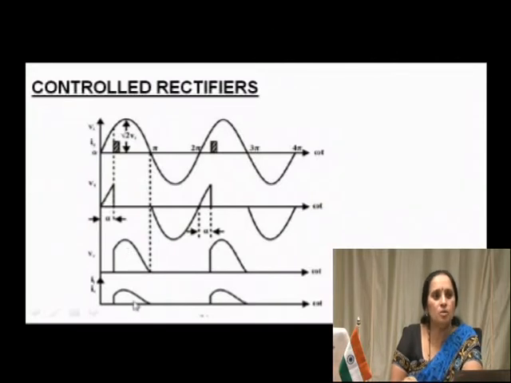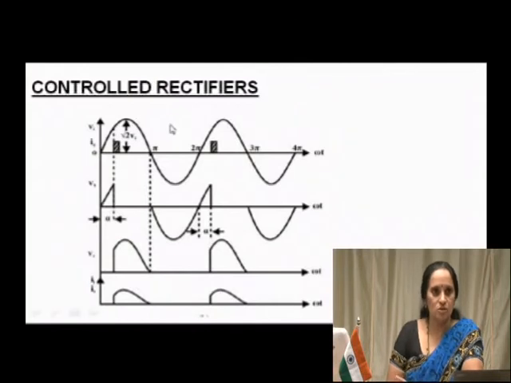The output current also follows the voltage because it is in phase. Only during the conduction angle period am I going to have a current flowing through the SCR or the thyristor. So students, you have to draw these waveforms, totally 5 waveforms.